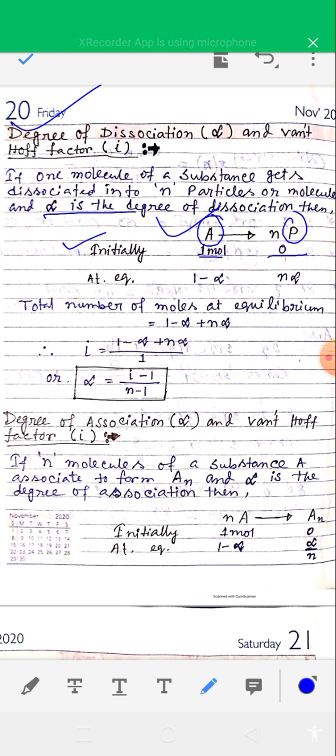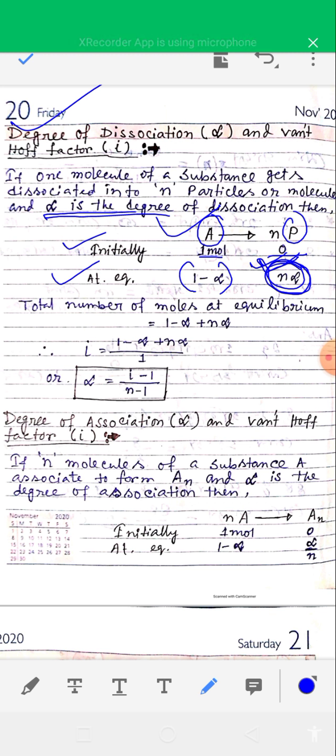At equilibrium, since the degree of dissociation is alpha, an alpha fraction of the initially taken substance will be dissociated into ions, so the total number of P in the solution will be n alpha, and the total moles of A in the solution will be 1 minus alpha.